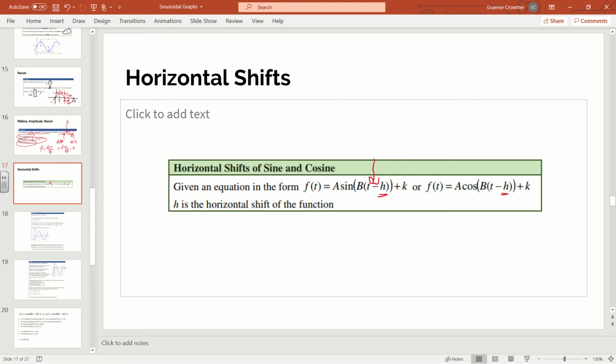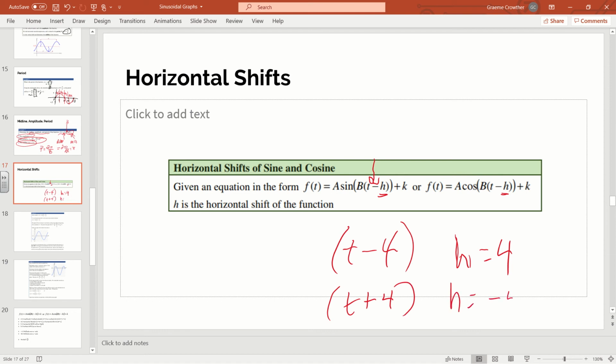So if it was, for instance, t minus 4, my h value is 4, so I'm going to go 4 places to the right. If I have t plus 4, my h value is negative 4 because negative negative makes that positive. So I'm going to go 4 places left.